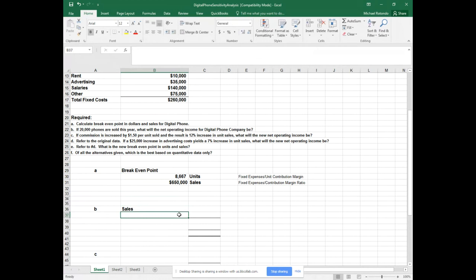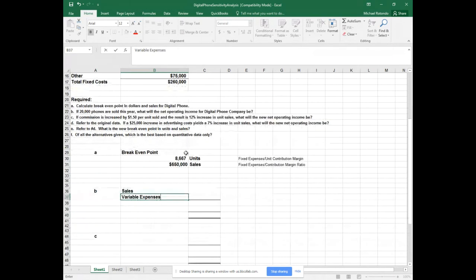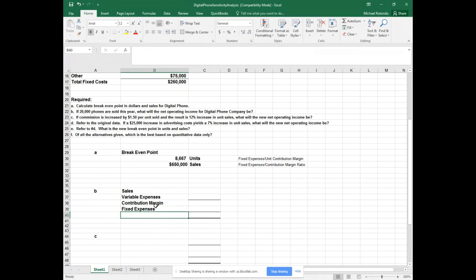And we're going to do this just as kind of a partial income statement because we have all the data up here. We don't need to repeat it all down here. And then we're going to have our contribution margin. And then we will do our fixed expenses. And we will have our net operating income.